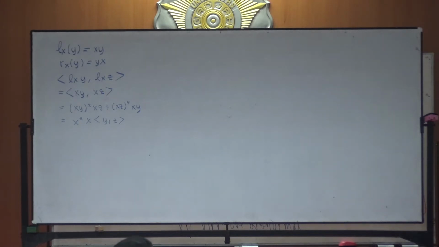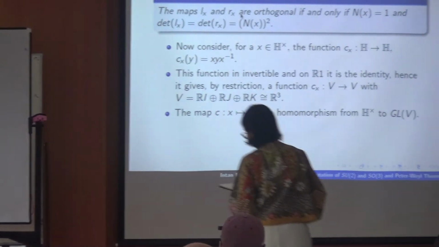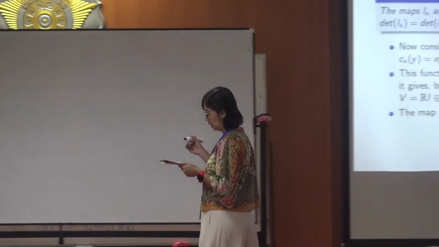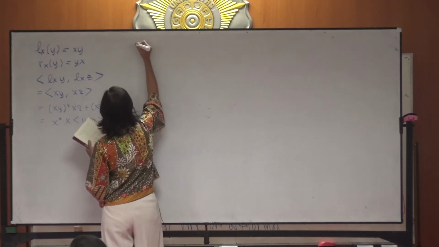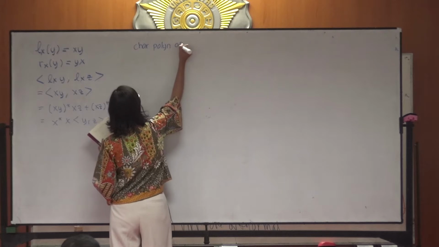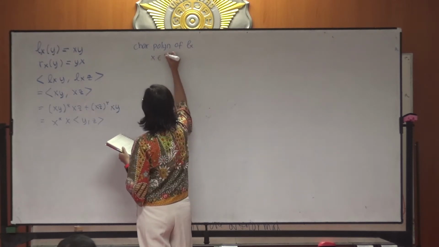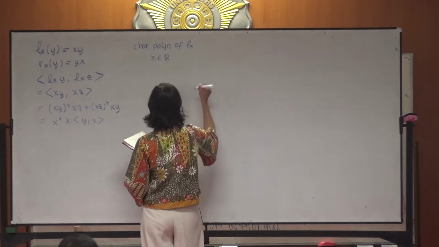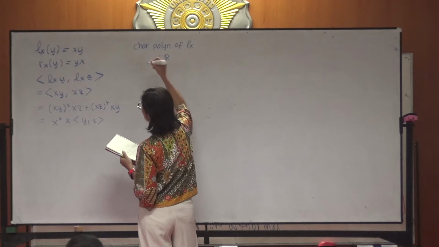And the determinant of L_x is equal to the determinant of R_x and equal to n(x) squared. If we compute the characteristic polynomial of L_x when x is in R. Sorry, it's rather confusing, we will use the same letter x.